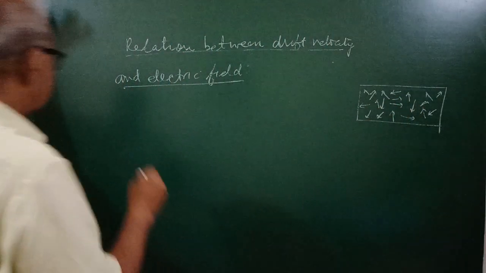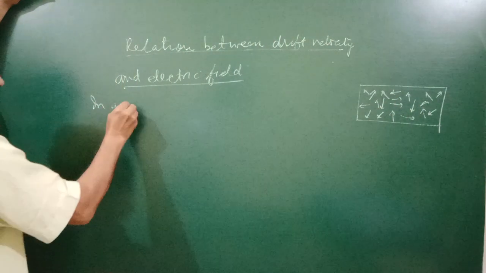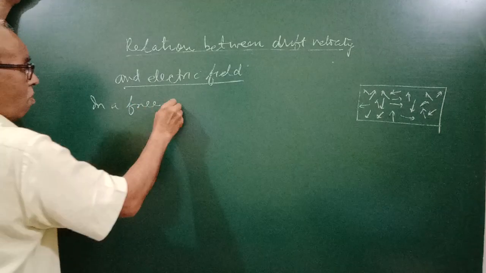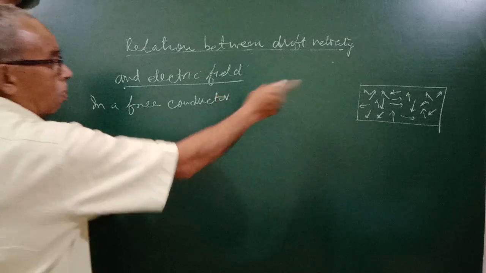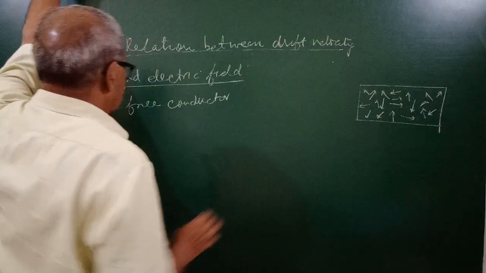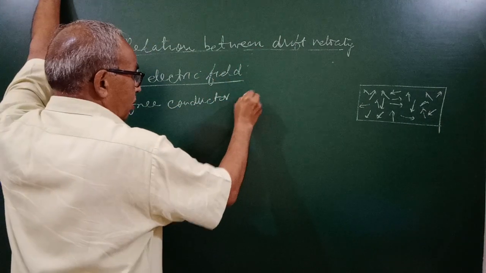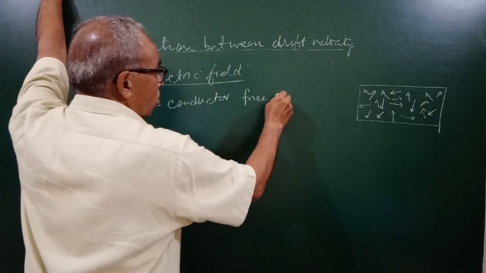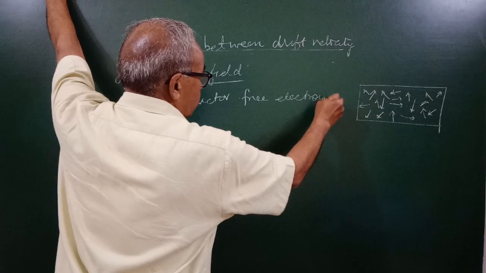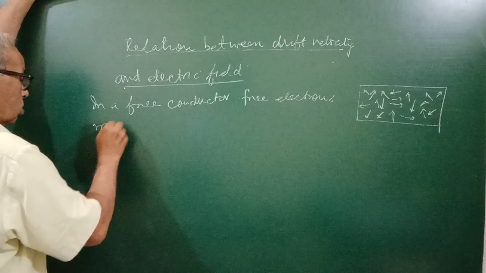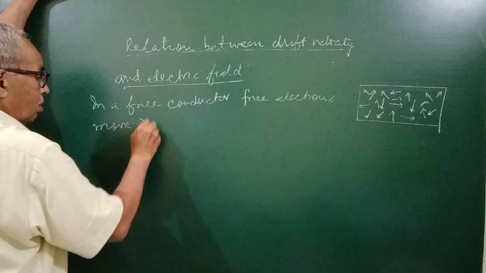So I write here, in a free conductor, free meaning when no field is applied across it, free electrons move randomly.